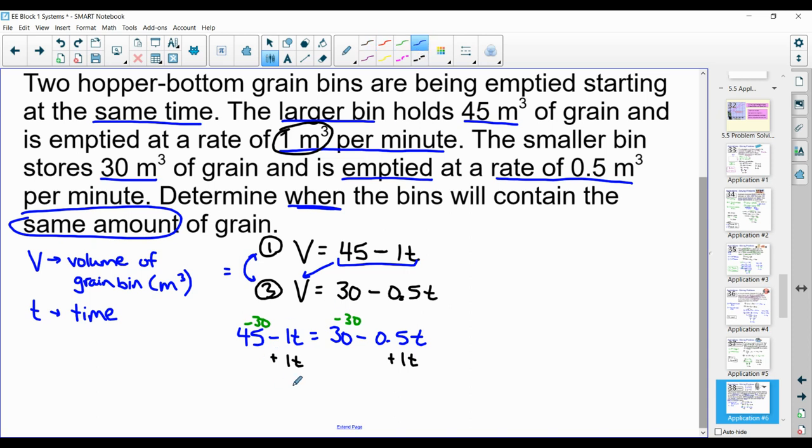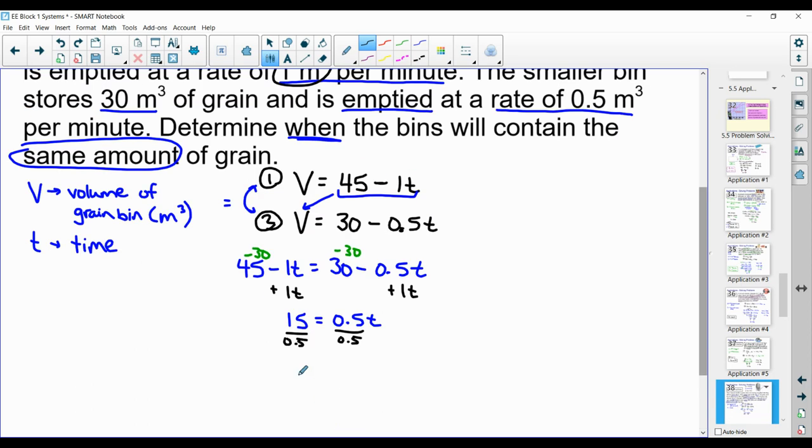All right, so we have 45 minus 30 is 15. And negative 0.5 plus 1 gives me 0.5t. I'm going to divide by 0.5. And that gives me t equals 30.